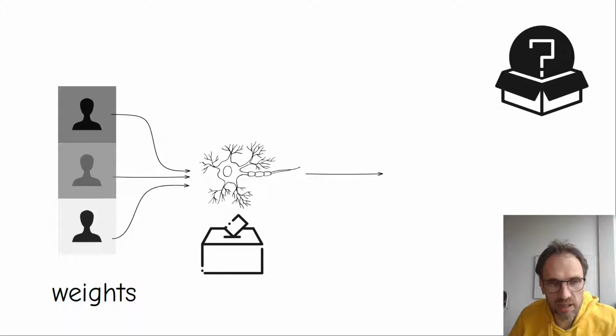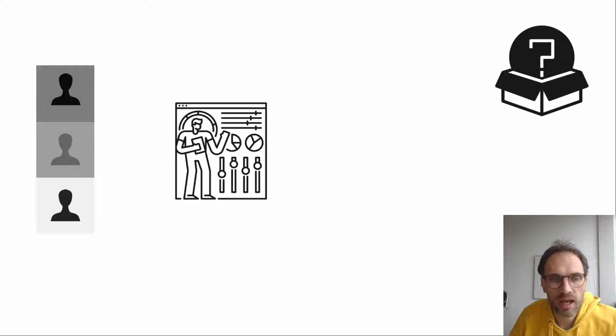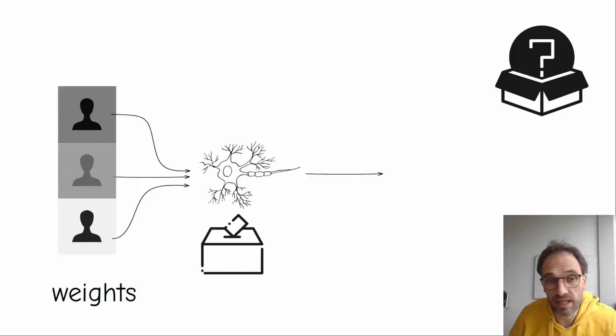Specifically, the neuron is giving different weights to different people. So it could say, this guy here is very important, and this other guy I find negligible. And these weights can be trained, as I will explain later. That's basically what a neural network is doing. It just does these votes, does this computation, and sends it forward.